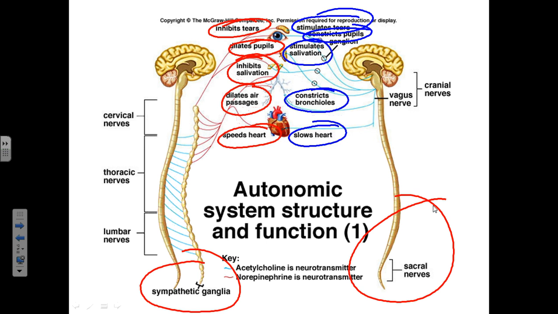What I'm getting at is that most of the time, both of these systems are working together, keeping you where? Homeostasis. Now, there's certain cases where you want this to be dominant. Cases like when you're scared, fight or flight kinds of times. There are other cases where you want this to be dominant. Maybe you're just relaxed and taking it easy.